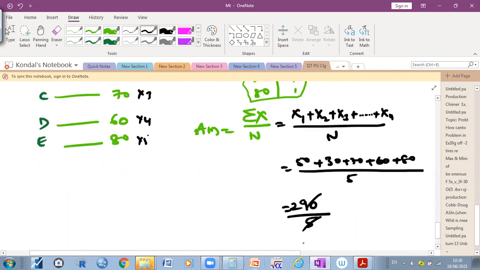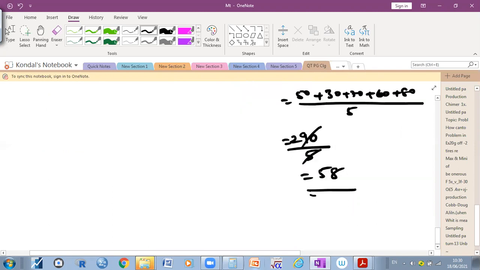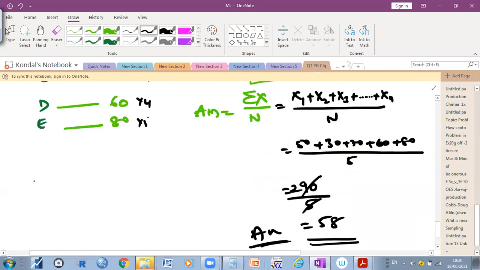So how much? 58. What is your conclusion when you get 58? That on an average, the income is 58.